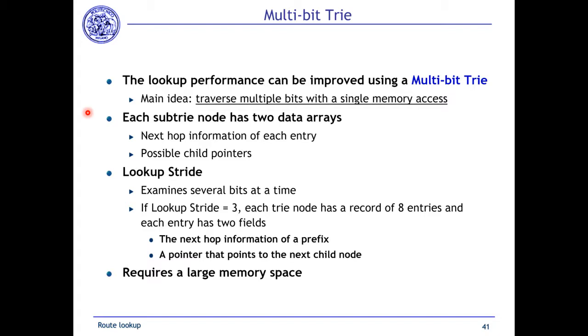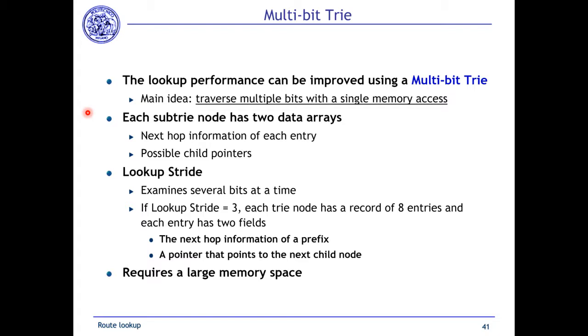So we can traverse multiple bits with a single memory access. And each subtrie that is represented by these compressed nodes must hold the next hop information of each entry that belongs to that subtrie, plus also the pointers to the other nodes of this multibit structure.